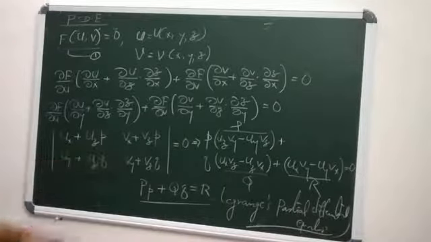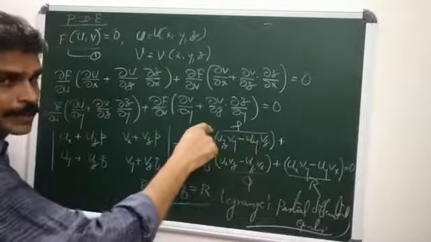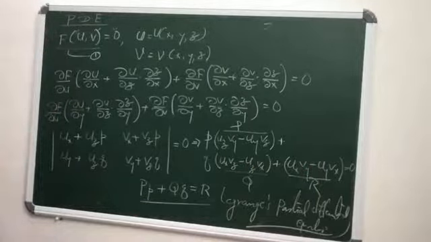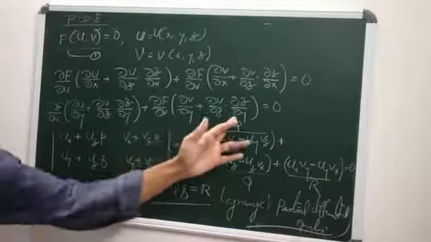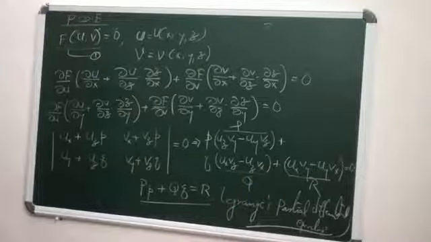If you open that determinant, you have three terms: one in p, another in q, and a third independent of p and q. Referring to these as capital P, capital Q and capital R, it is Pp plus Qq equals R, which is called Lagrange's partial differential equation.